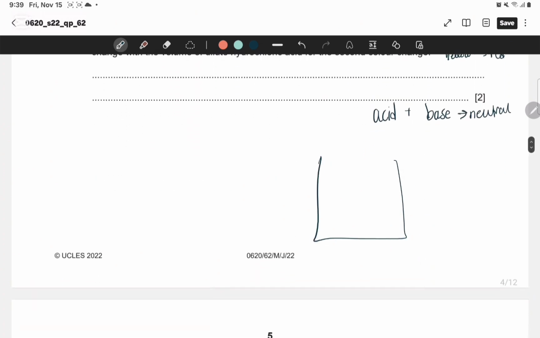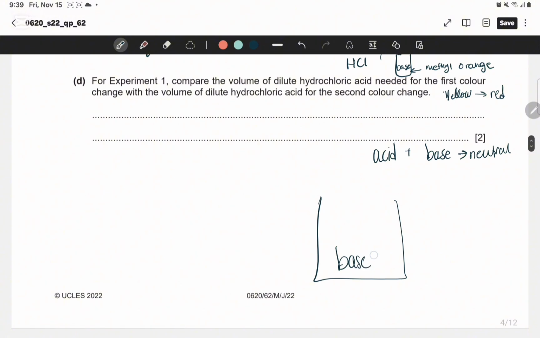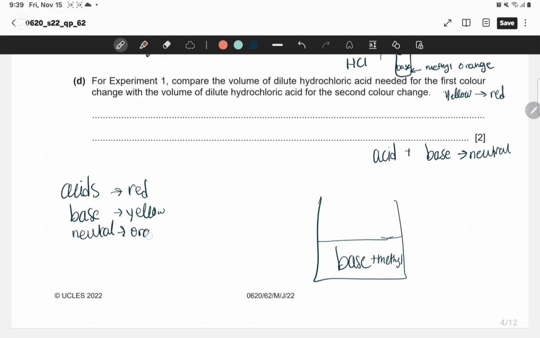We have the beaker that has a base and methyl orange, which tests the presence of acids and bases. In acids, methyl orange is red. In bases, methyl orange is yellow. And in neutral, methyl orange is orange.